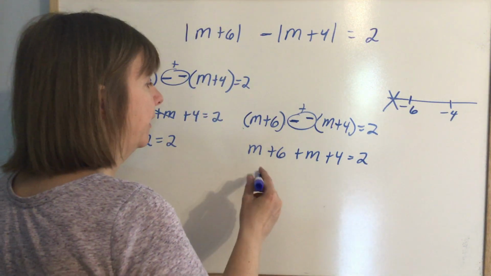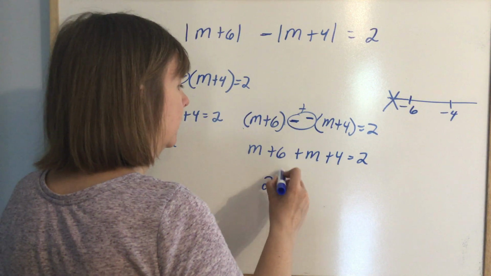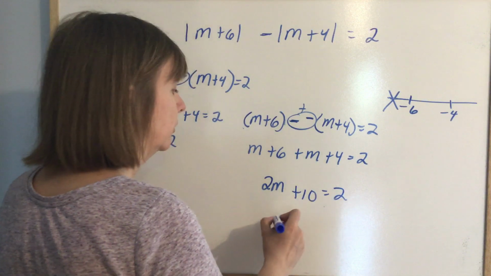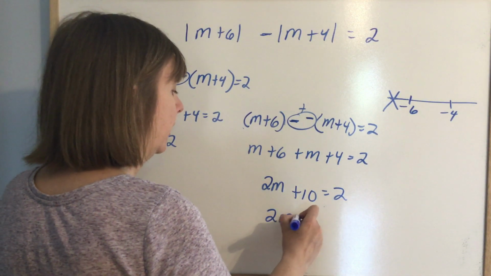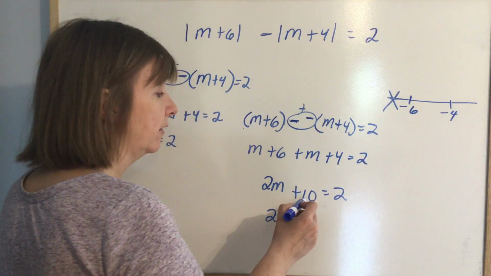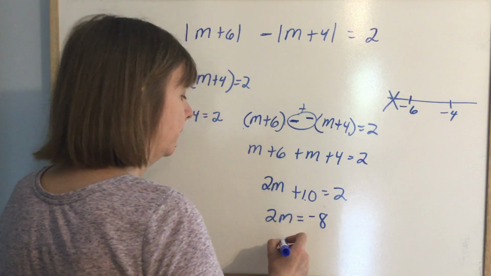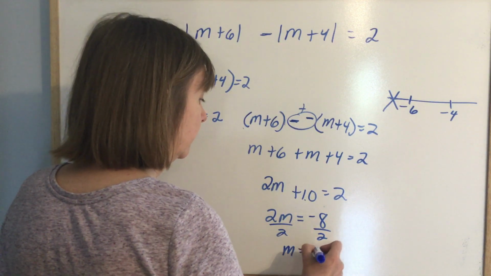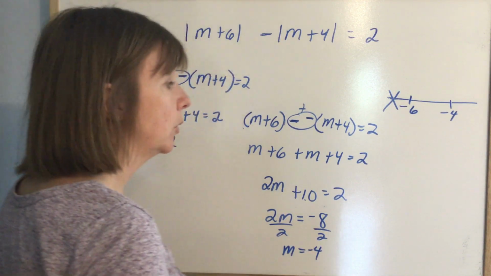So I have 2m plus 10 equals 2. So 2m is equal to 2 minus 10, which is negative 8. Divide both sides by 2, and I have m is negative 4.